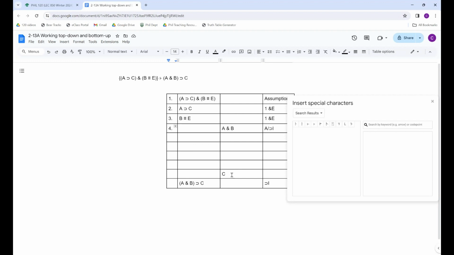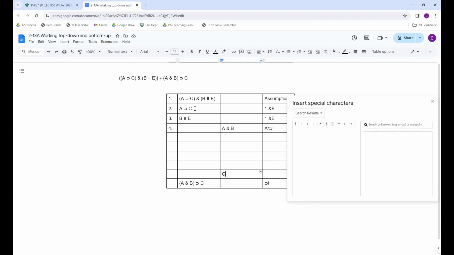So we've got this now. Now, what happens is this is now our new goal sentence. So how do we get C? That's the new question that we have. For that, what we can do is look at the earlier parts of the derivation.